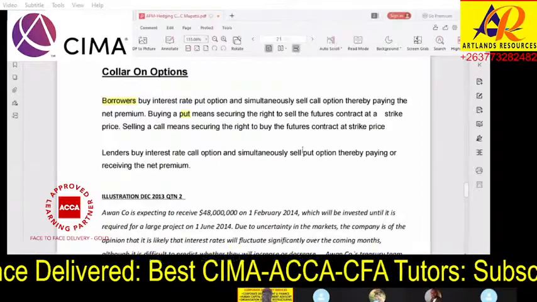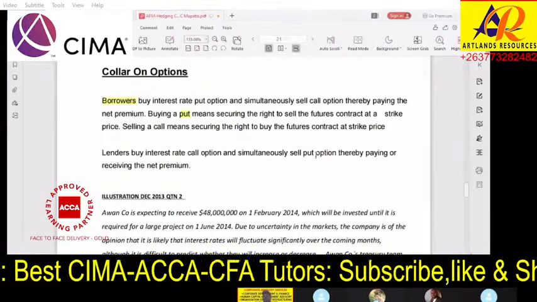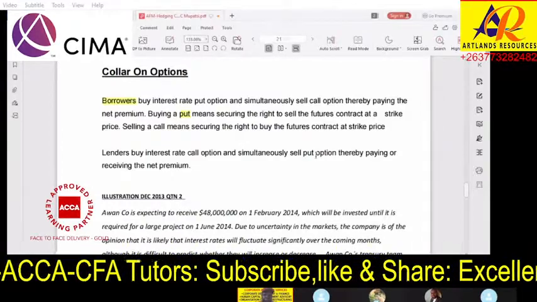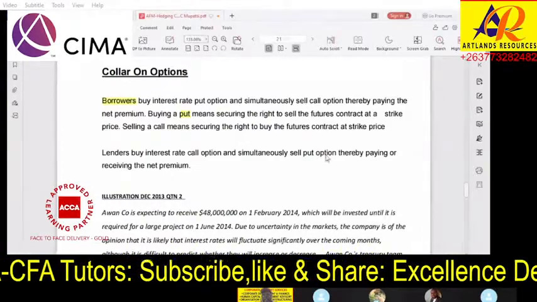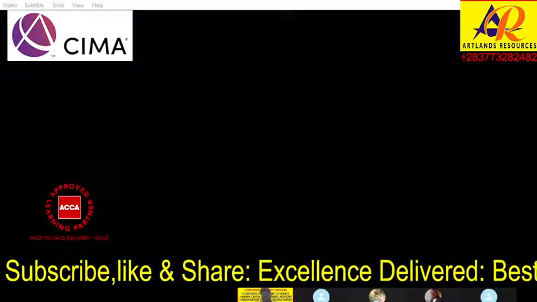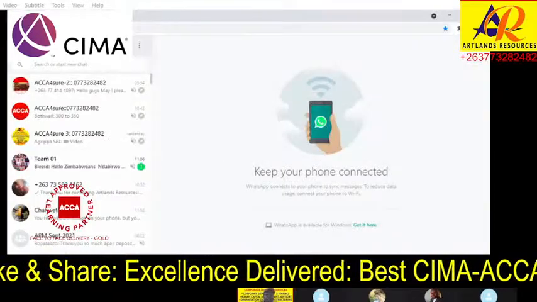What do I mean by selling a put? I'm saying securing the right to sell interest rate futures at the option strike price. And these are technical terms. So what I want you to know is I have a video for that.